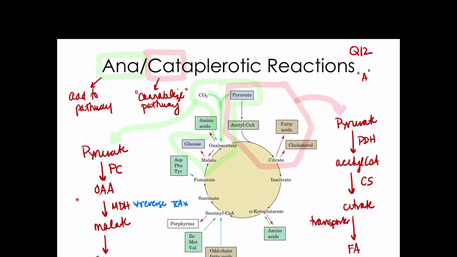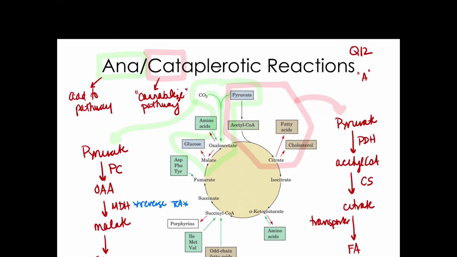And then again, we're going to see the use of malate dehydrogenase, but not in its traditional format. We're actually going to see the reverse of that reaction, the reverse of how it operates in the citric acid cycle. Oxaloacetate is going to be converted into malate, and why we have this is, remember, the only way to get malate, or the equivalent of oxaloacetate, out into the cytosol to be used in gluconeogenesis is to use the malate shuttle.